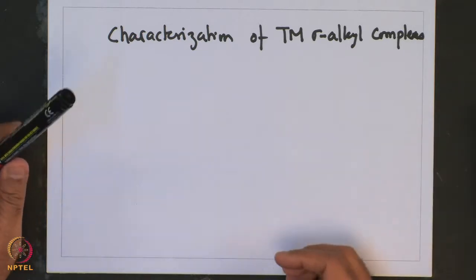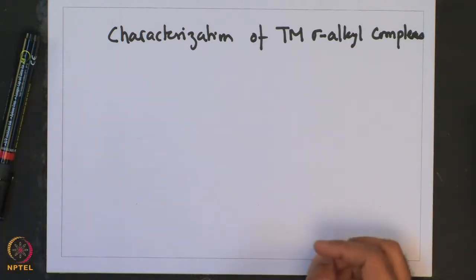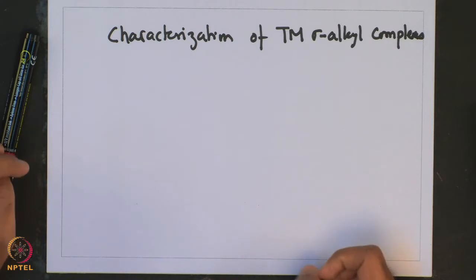Now, what is important to note is that in the course of C H activation, where does the sigma alkane complex occur, and does it precede the oxidative addition step?